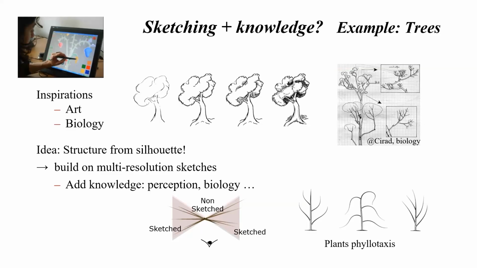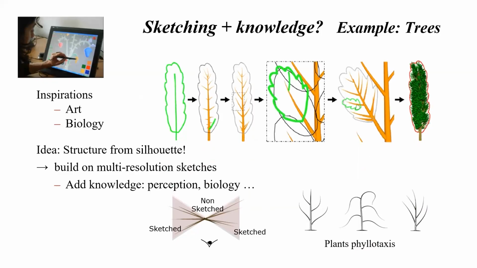So we had this idea of providing a 3D modeling system for trees that, from the coarse silhouette of the tree, would little by little enable us to compute the internal structure and to add knowledge from perception and knowledge from biology, from phyllotaxy.